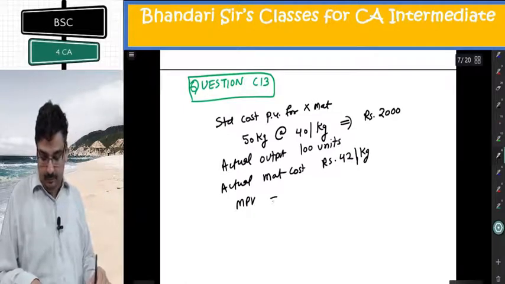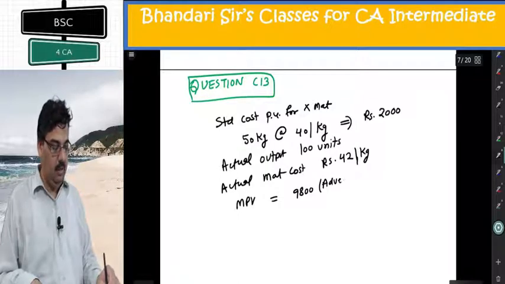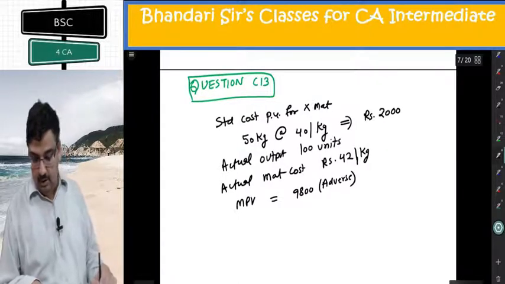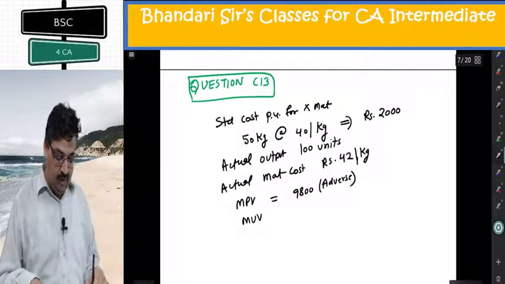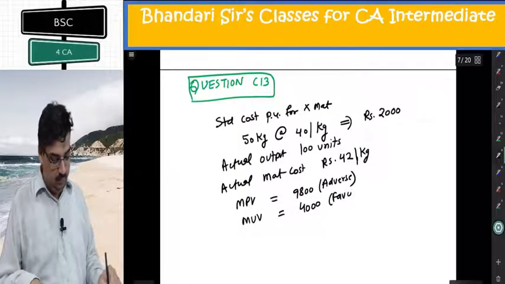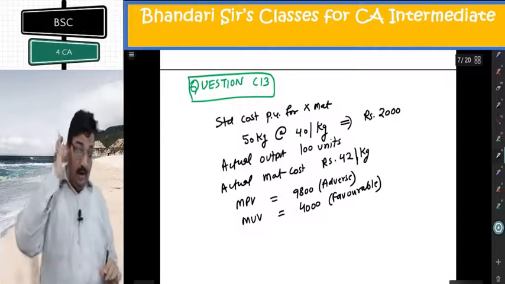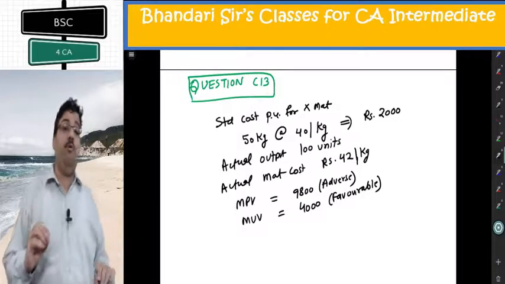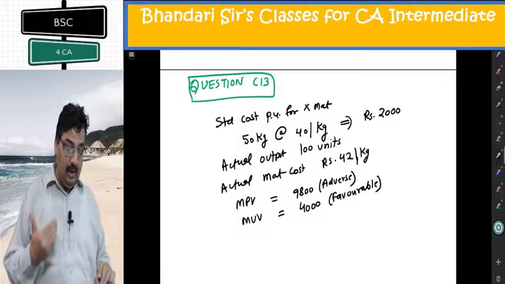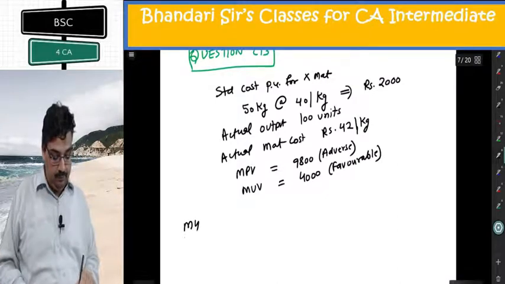MPV 9800 adverse. Remember, adverse, negative. Material usage variance 4000 favorable. Now what I can do, I can start from whatever steps I can compute in totality. I can compute M4.